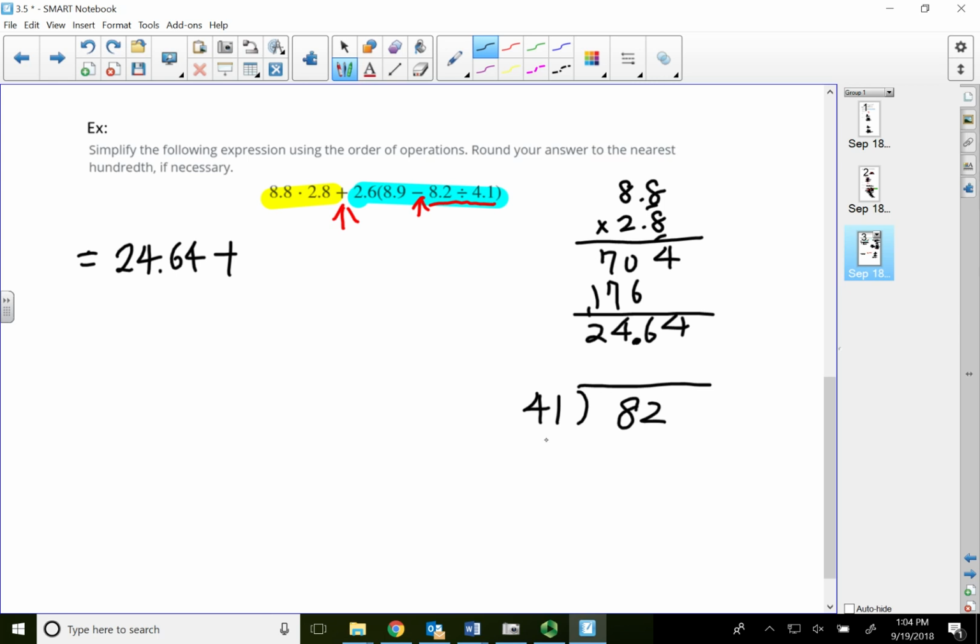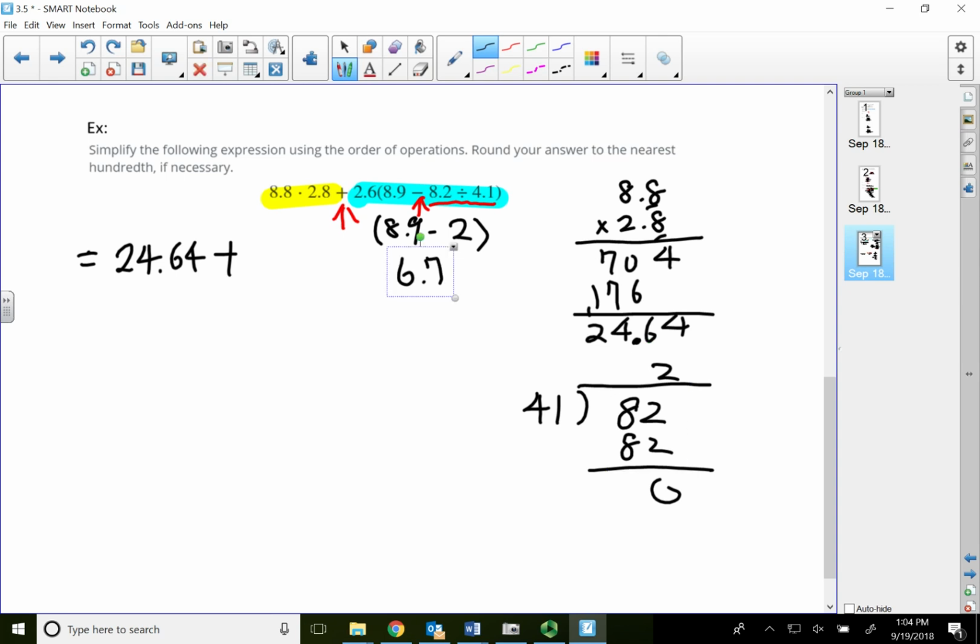That's 82. So 41 going into 82 is 2 times. The division gives me a 2, which gets subtracted from 8.9. So 8.9 minus 2 is 6.9 coming out of the parentheses.